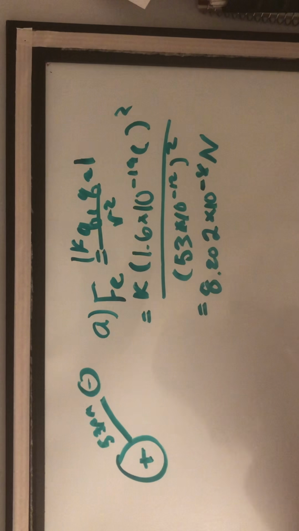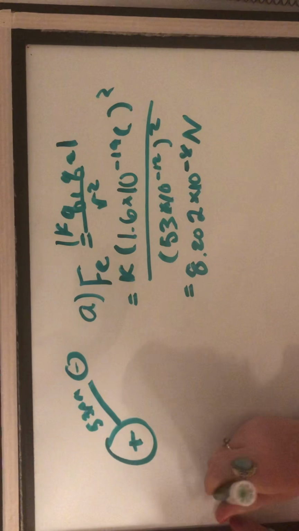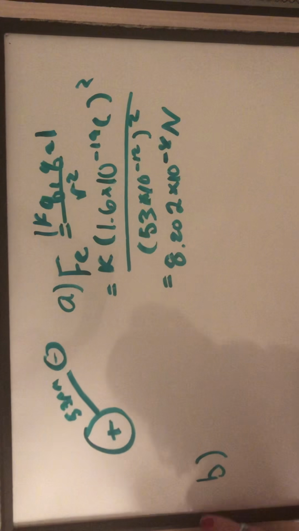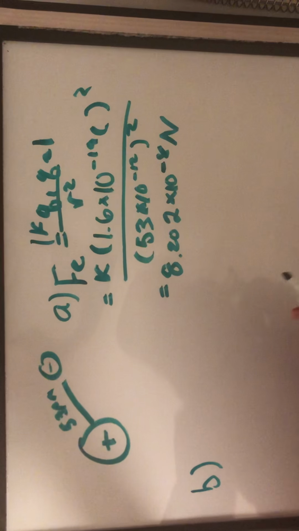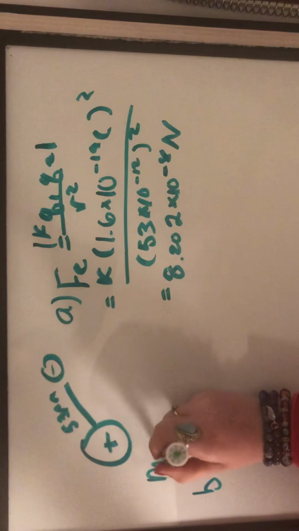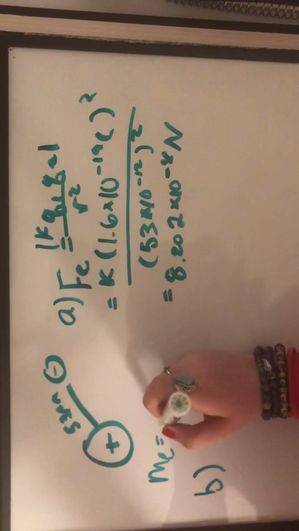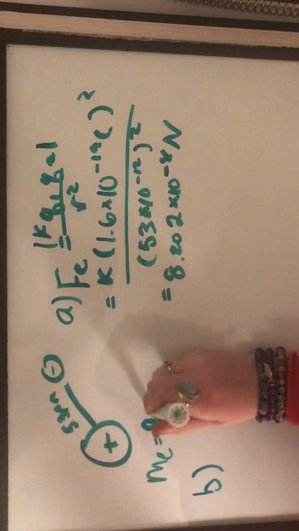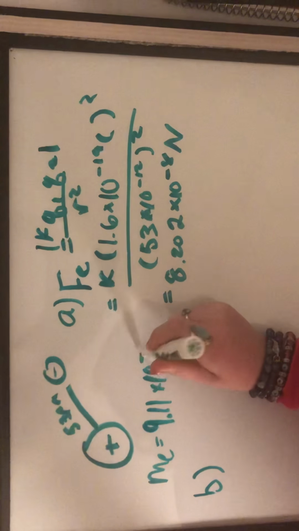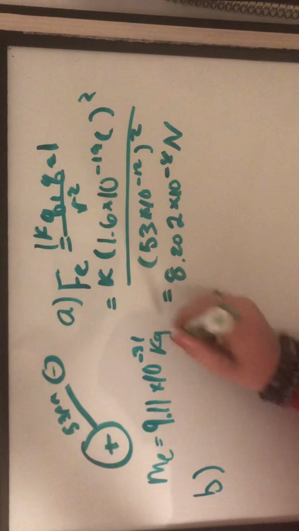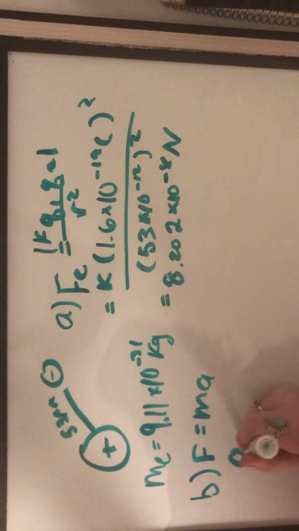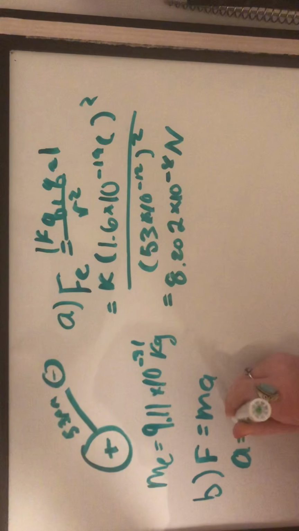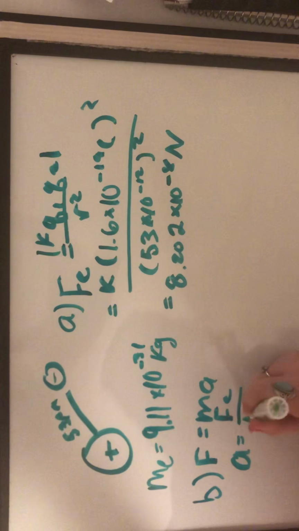Cool. And then for the second problem, we're asked to find the acceleration of the electron. For this, we're going to need its mass, which is the mass of the electron, equal to 9.11 times 10 to the negative 31 kilograms. As we know, force is equal to mass times acceleration. So the acceleration is equal to the Fe that we just got, divided by the mass of the electron.